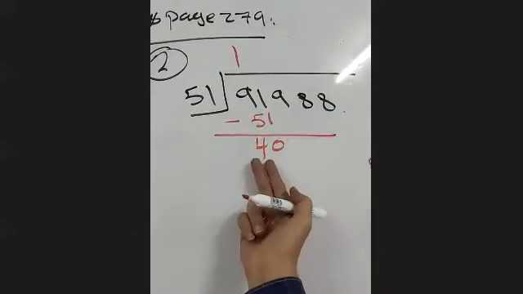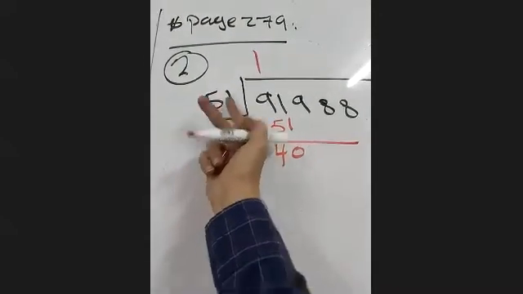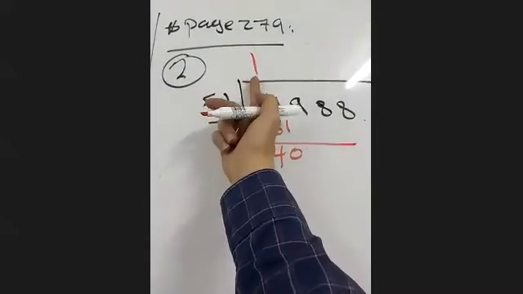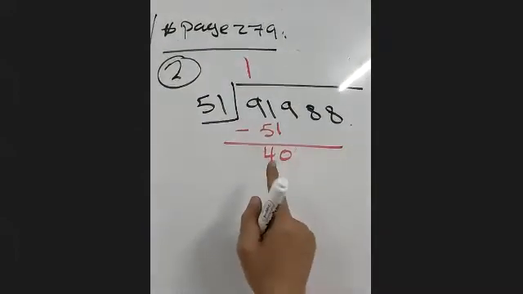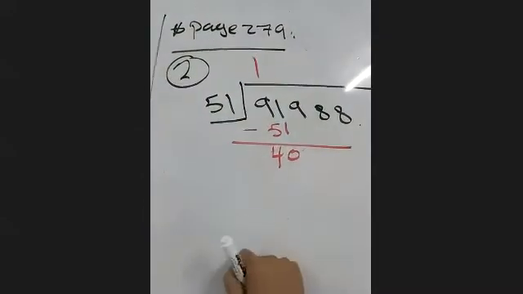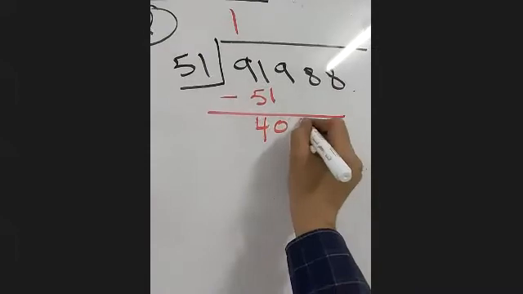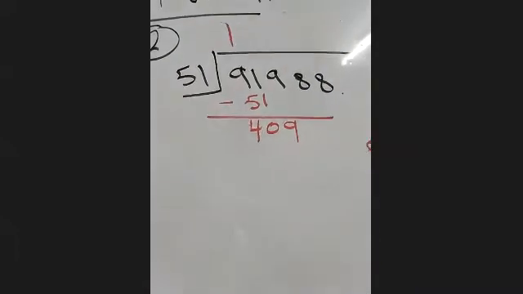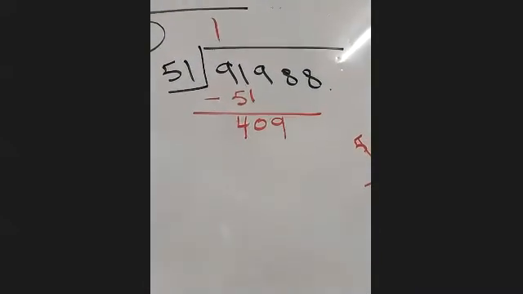This number should be less than this number, which means the 1 is correct. Now, we don't say 40 divided by 51, no. We bring the 9 down, then we say that. Got it?